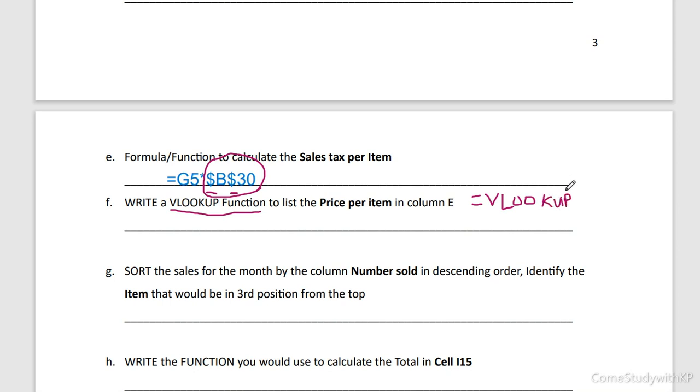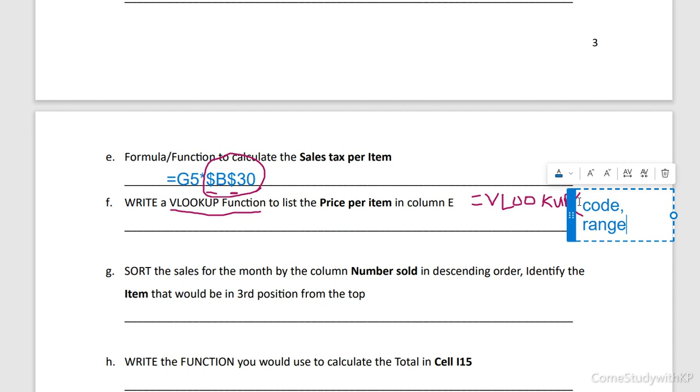So when we're using a lookup function, what do we need? We need a code which tells you which value you're looking for. What else do you need? After the code, we need the range. Where are you going to look for the value?